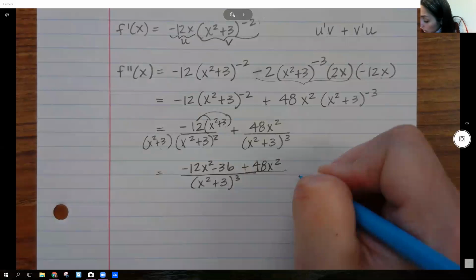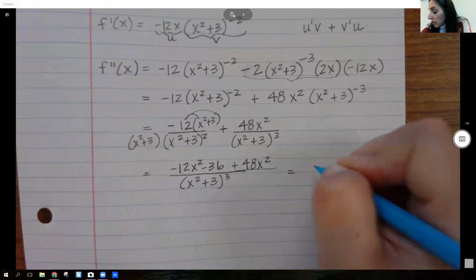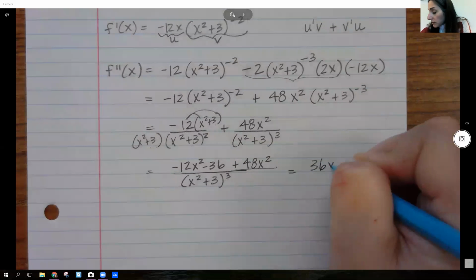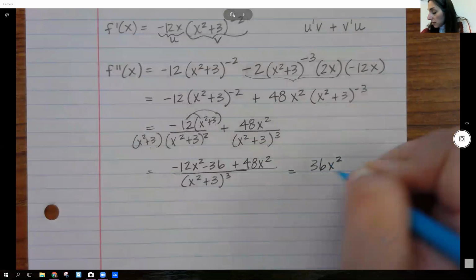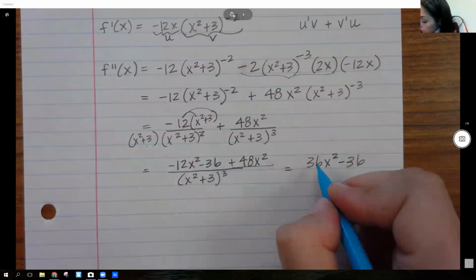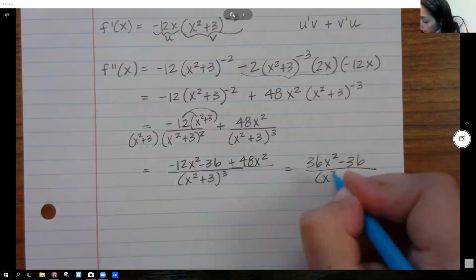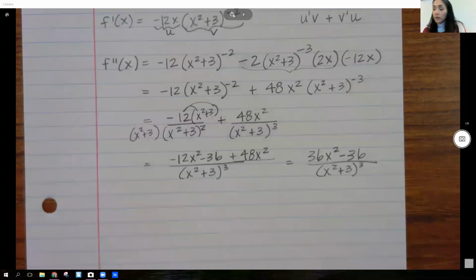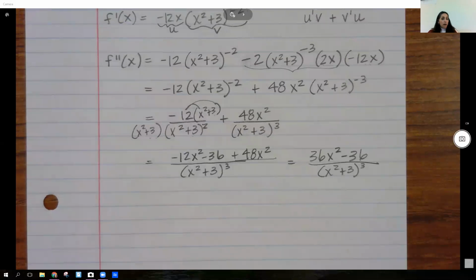Okay, which when we combine like terms will be 36x squared, right? 36 minus 36 all over x squared plus 3 cubed. All right, I'll take a pause right there in case anybody has a question.